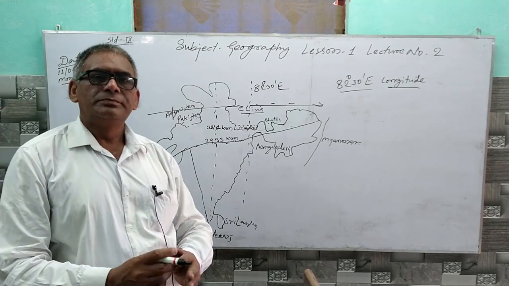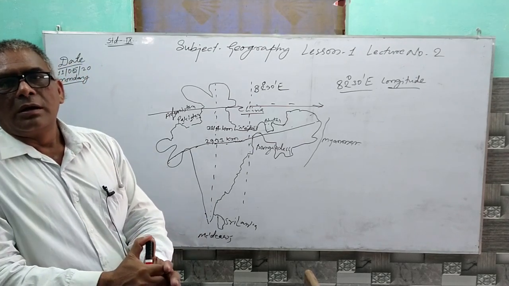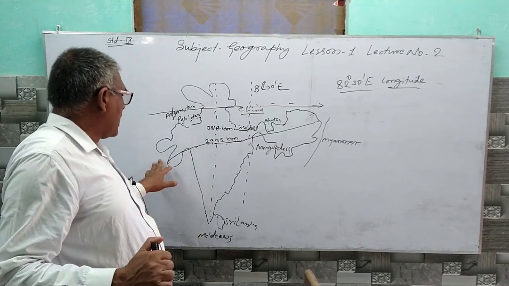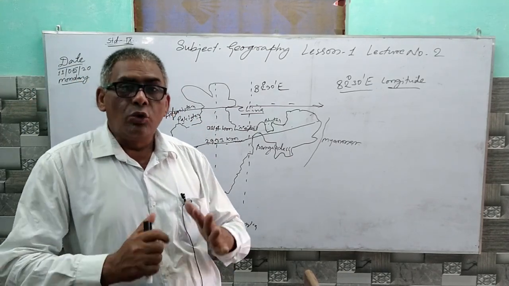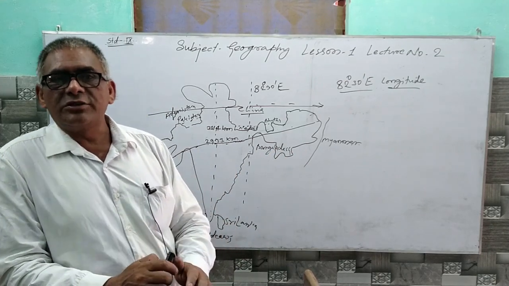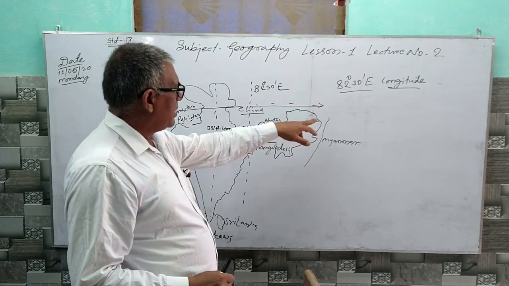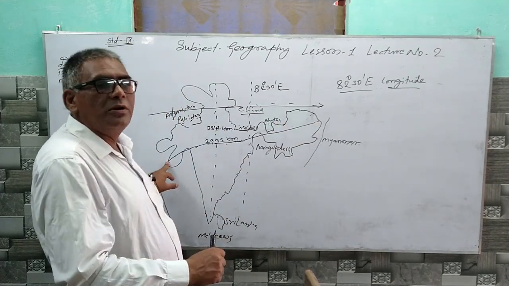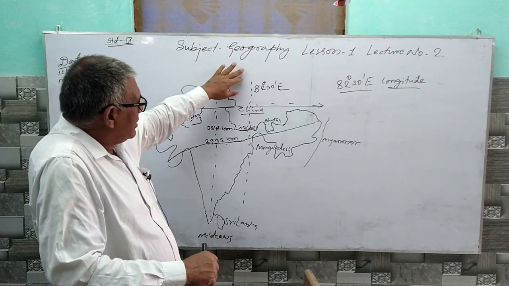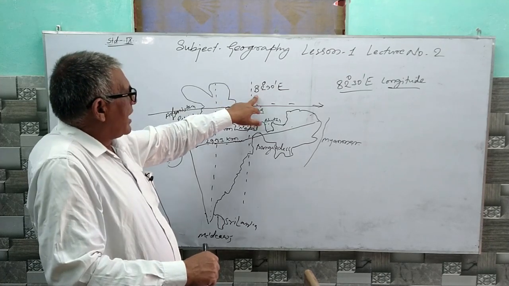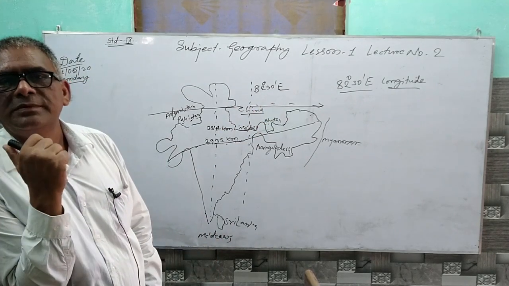So despite the time difference of 2 hours between Arunachal Pradesh and Gujarat, India has no time dispute, and watches of India show equal time, either the watches of Arunachal Pradesh or the watches of Gujarat, because all these watches of India follow the time of this 82 degree 30 minute east longitude.